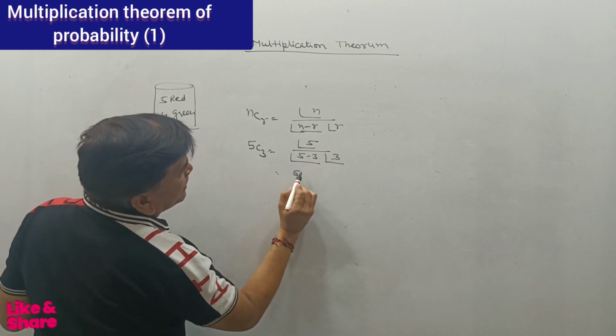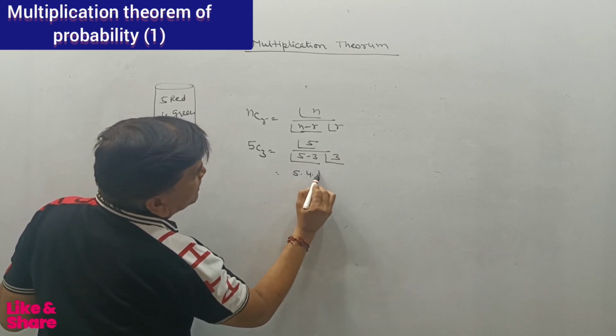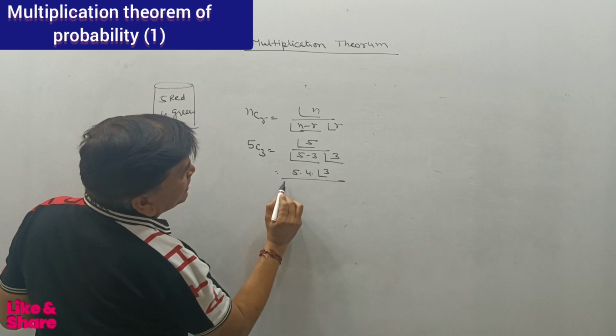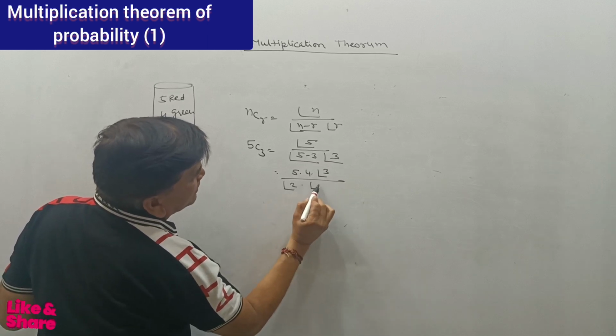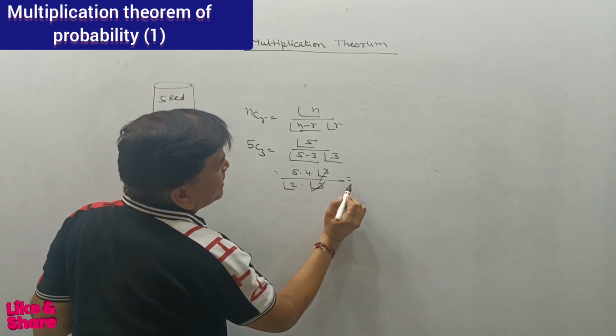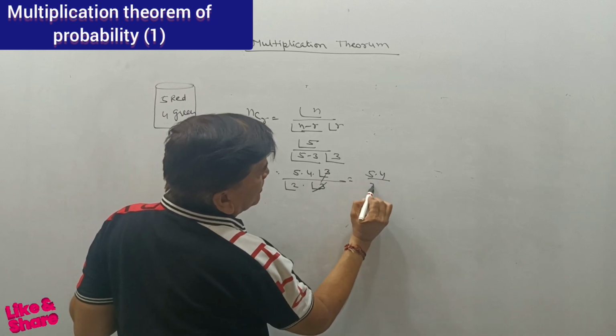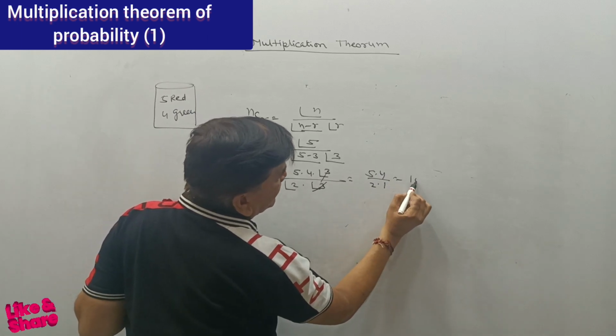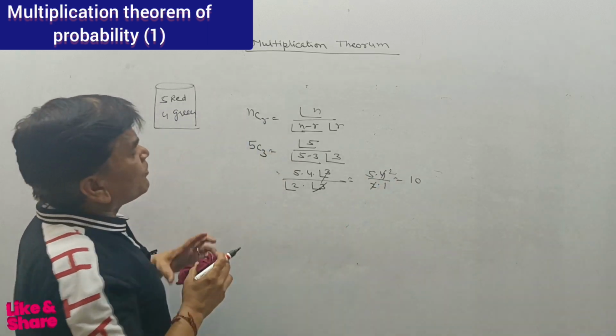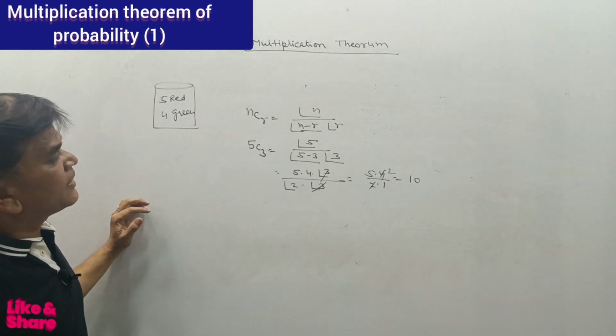So 5 multiply 4 multiply factorial 3 divided by factorial 2 multiply factorial 3. Factorial 3 cancels, so that will be 5 multiply 4 upon 2 multiply 1, which is 10. So the value of 5C3 is 10.